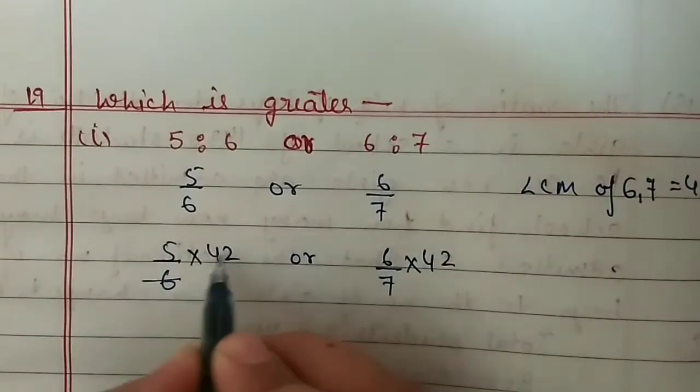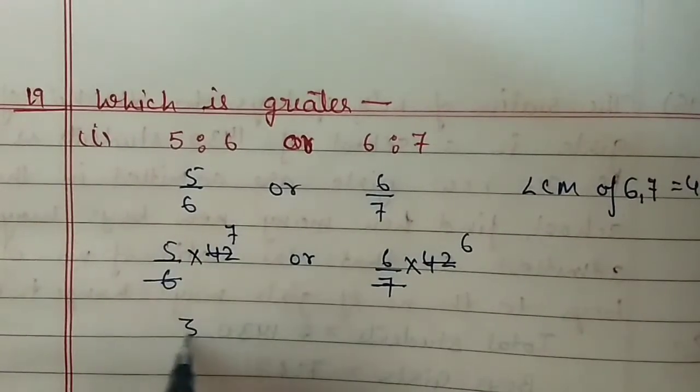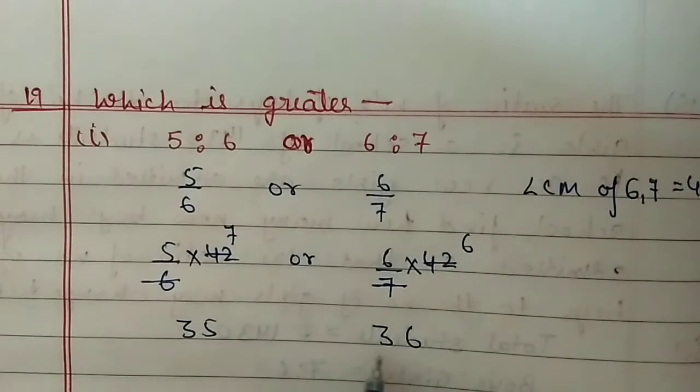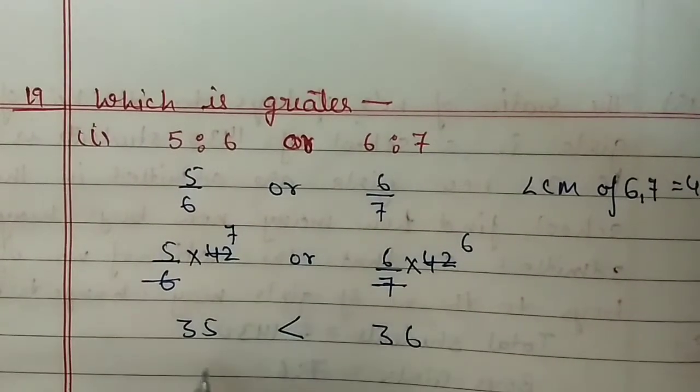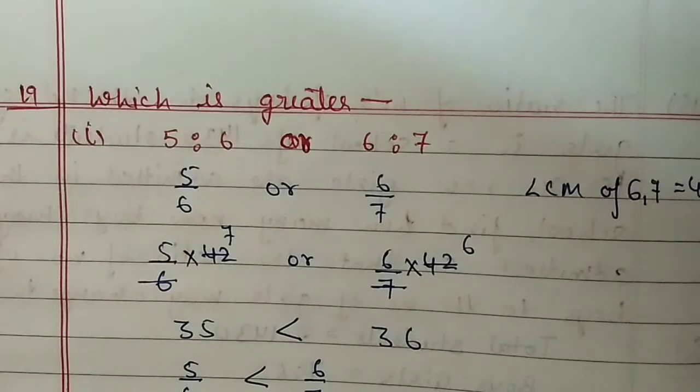After this do the cancellation. 6 7s cancel and 7 6s cancel. 5 7s are 35 and 6 6s are 36. So which number is greater? 36 is greater. It means the second ratio 6 by 7 is greater than 5 by 6.